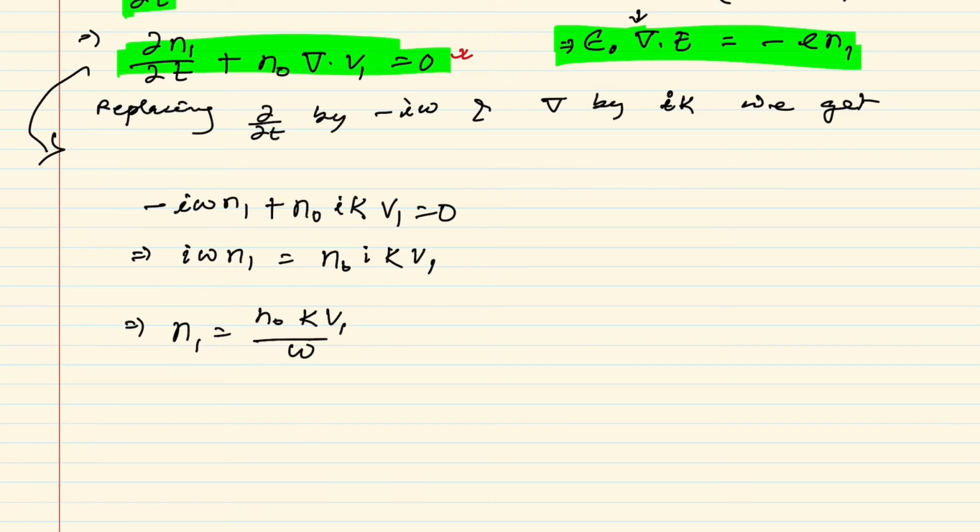Here you can cancel i, and then after simplification you will get this.